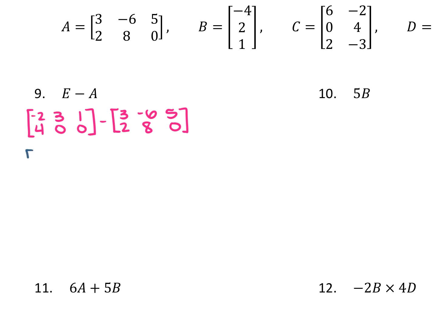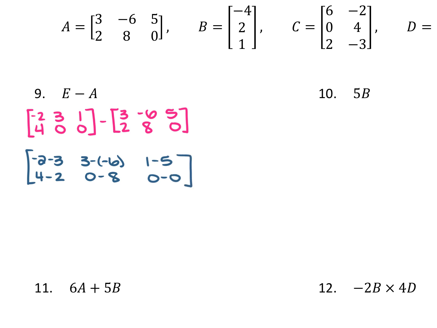So it's going to be -2 minus 3, then 3 minus -6, and then 1 minus 5. Moving down to your next row, you have 4 minus 2, 0 minus 8, and 0 minus 0.